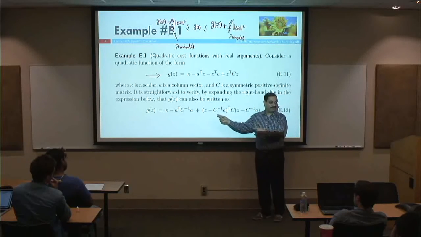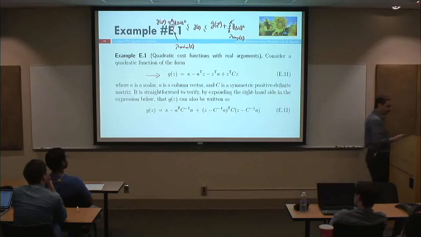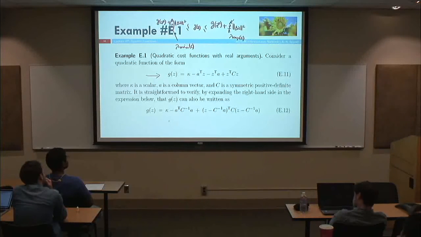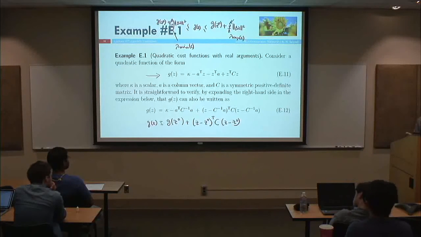For any quadratic function like this, you can always express it as, this is just algebra, you can verify that this is the case, z minus z0 transpose C z minus z0, right? This is just some algebra. You know what g of z0 is.